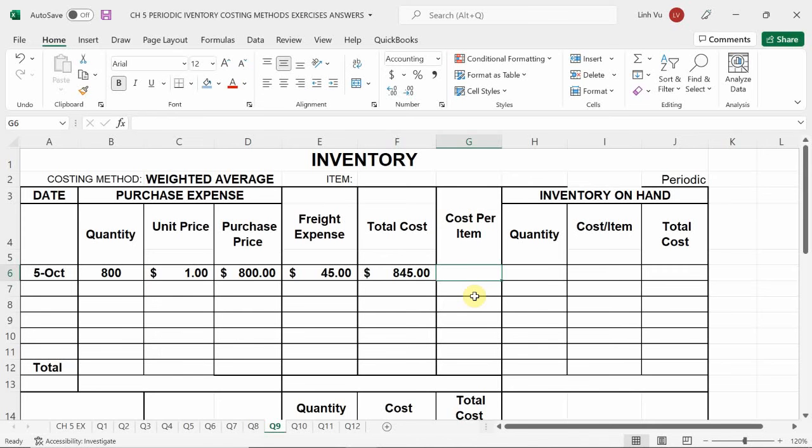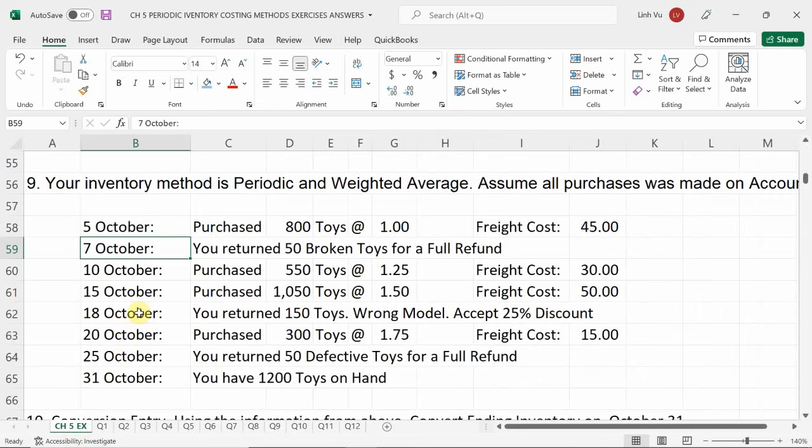But since we already know we are going to be making a bunch of purchases, is it necessary to solve for a cost per item? No, because we don't care about keeping our batches in order. We care about getting the overall total number of units that we purchase and spreading it evenly across the total amount of costs that we have.